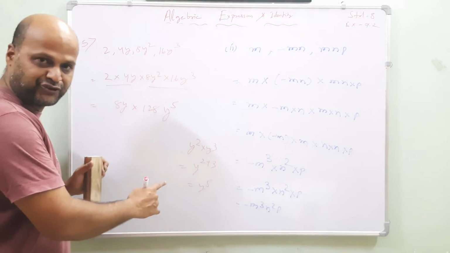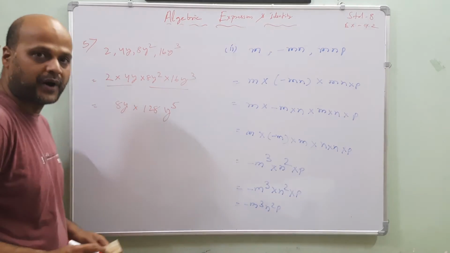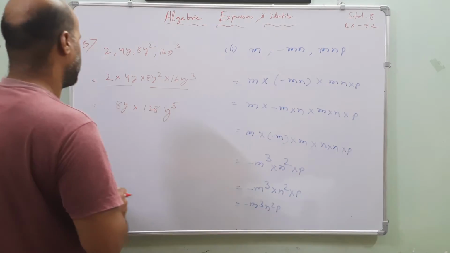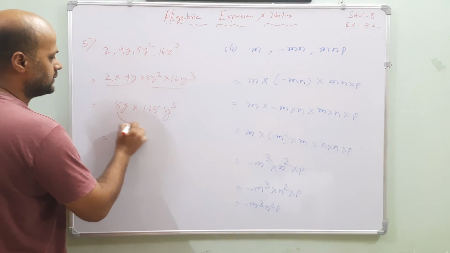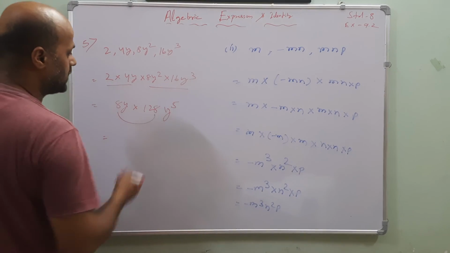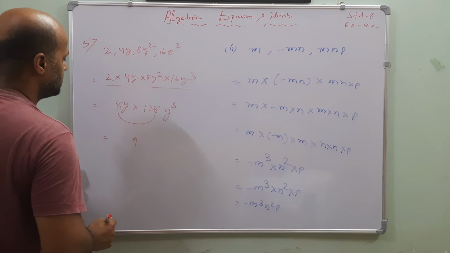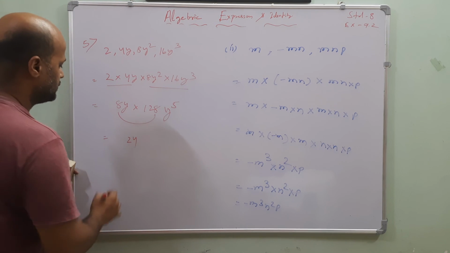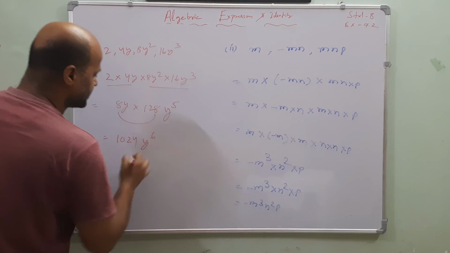Okay, so don't be confused, my friends. Always you have to remember the exponent power formula. Now what you have to do? Yes, again the same thing. Multiply these two. How much will it come to? 8 into 128 is 1024, y power of 6.